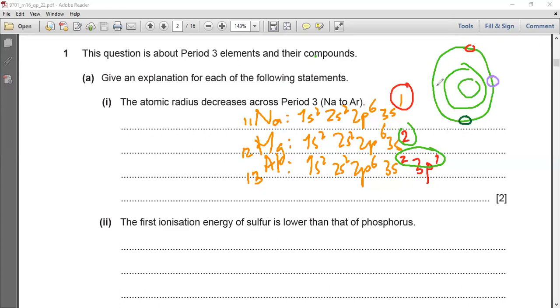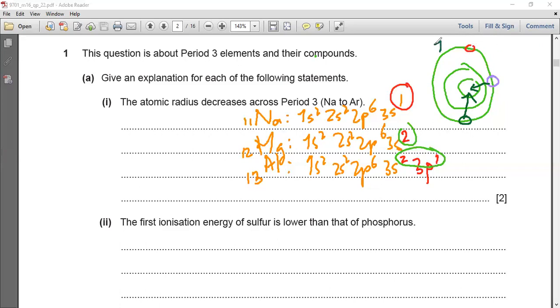What happens is that when we add electrons to the same shell, the incoming electron is attracted to the nucleus.